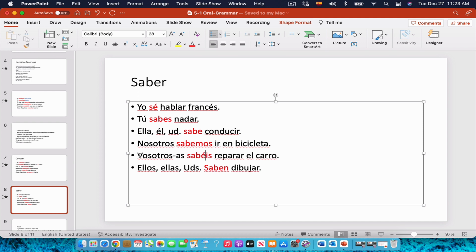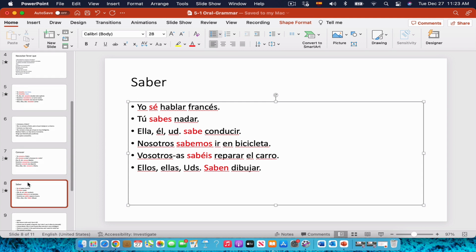So in this case, remember, it means I know how to speak French, you know how to swim, she, he or usted know how to drive, nosotros sabemos ir en bicicleta, we know how to go bike, how to bike, vosotros sabéis reparar el carro, you know how to repair the car, ellos, ellas, ustedes, they know how to draw. Okay?